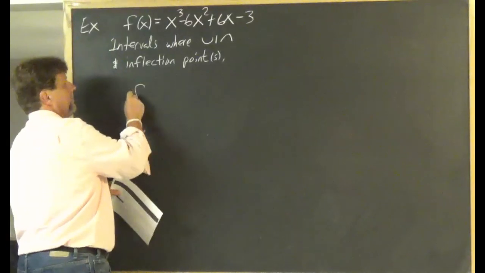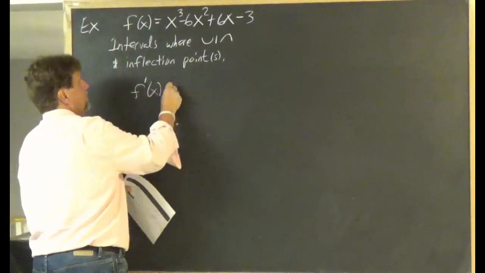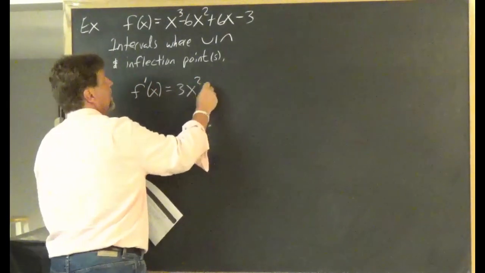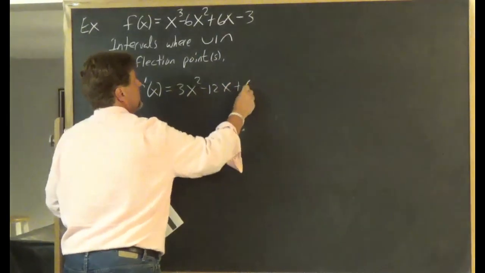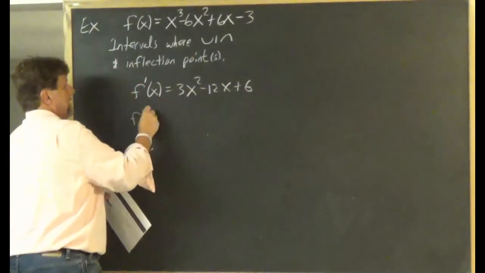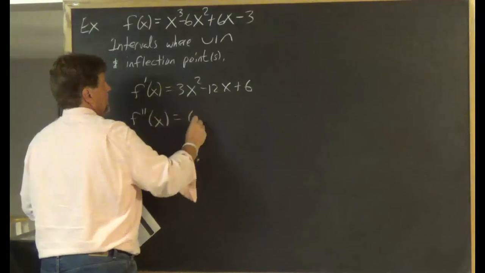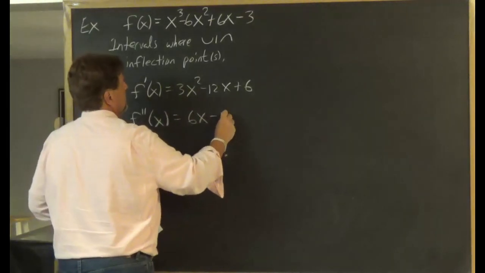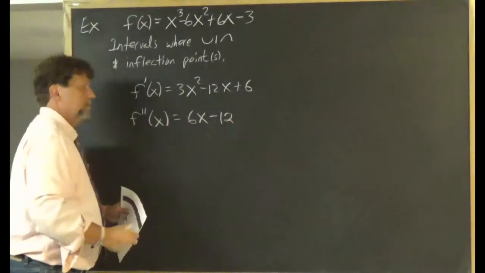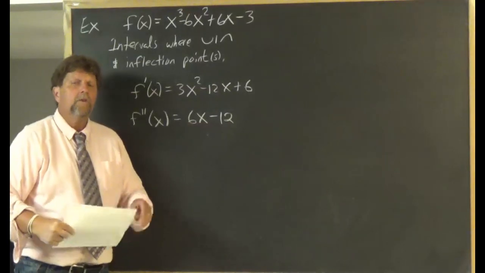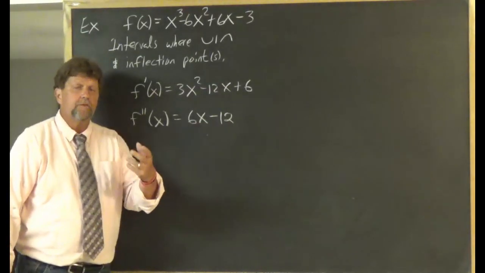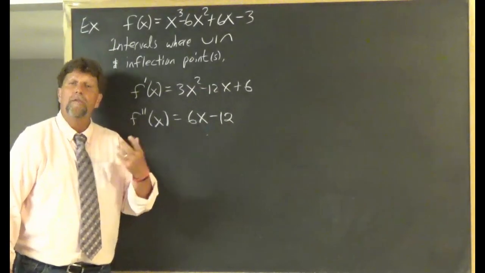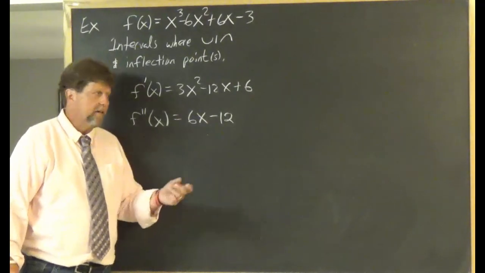So here we go. The first derivative is 3x squared minus 12x plus 6, which means the second derivative is 6x minus 12. So we need to determine where the second derivative is 0 or where it is undefined.